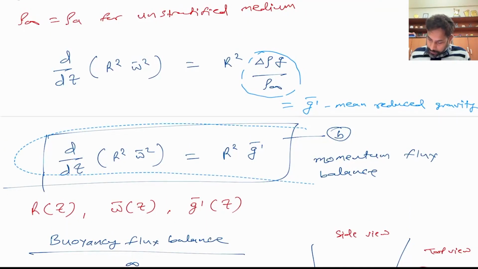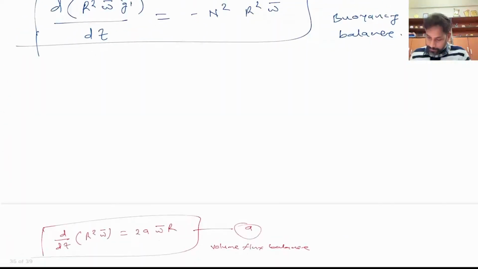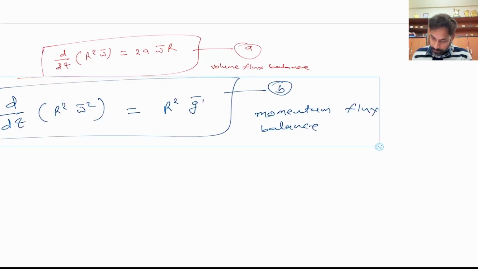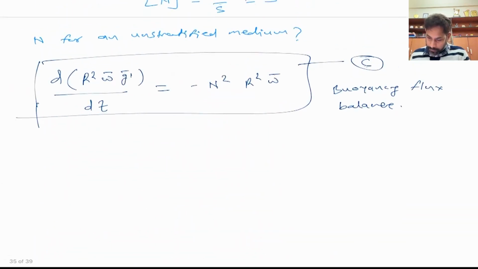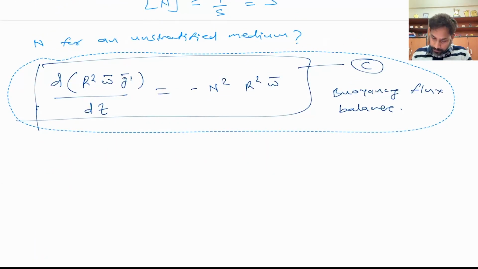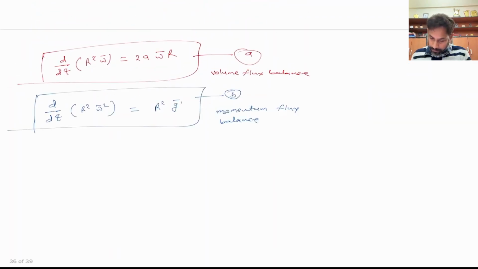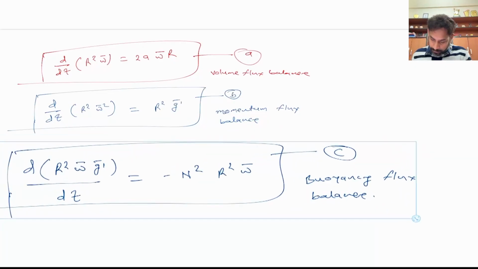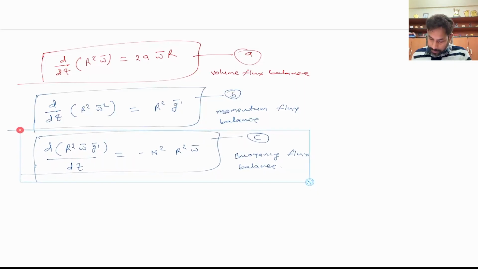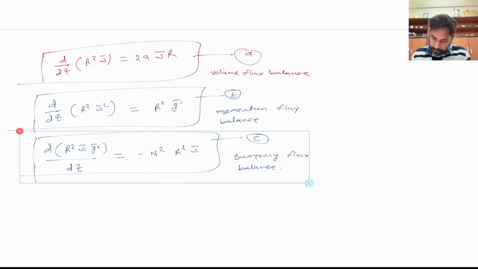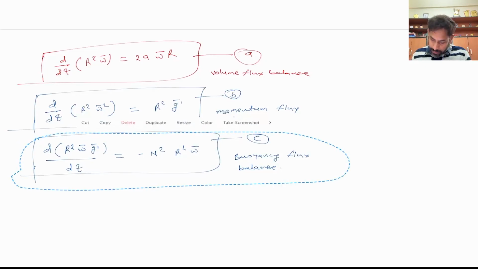This one is the momentum flux balance equation. And this, which we recently derived, is the buoyancy flux balance equation. Let me just change the color so that we can clearly see these three equations separately.